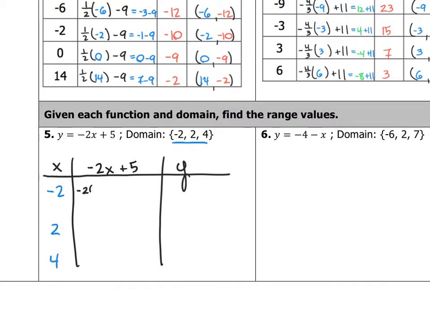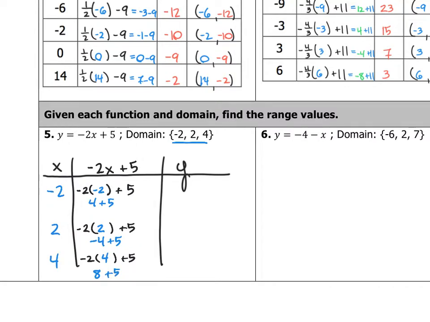So it's going to look like this each time: -2 times our input plus 5. Here I have -2. -2 times -2 is 4, so this is 4 plus 5. Here I have +2. -2 times +2 is -4, so that's -4 plus 5. And here I have 4. -2 times 4 is -8, so that's -8 plus 5.